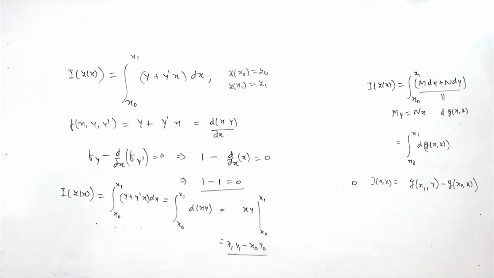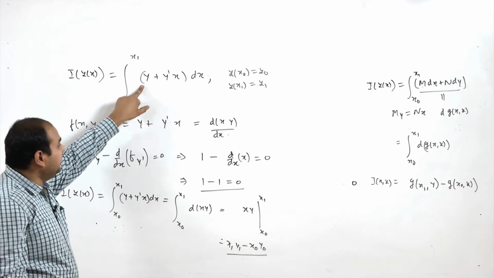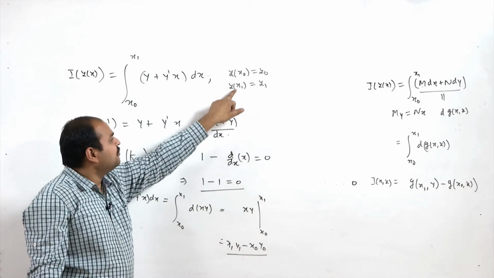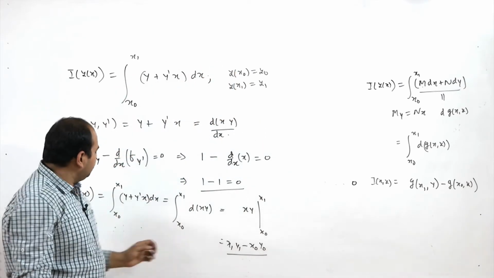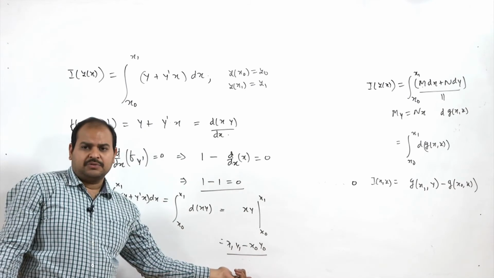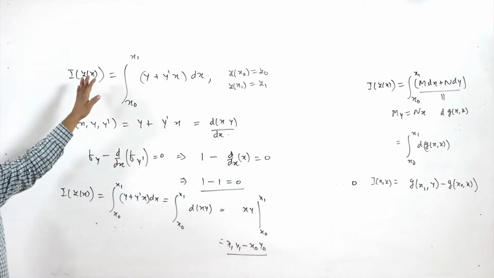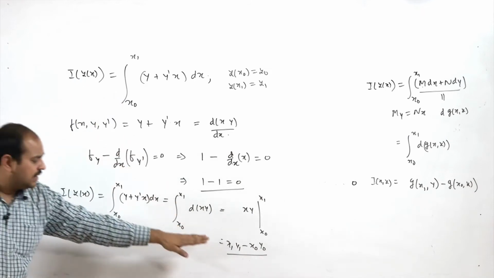Now here please remember that we can take any curve which satisfies this condition, y of x naught equal to y naught and y of x1 equal to y1, and if you take any curve, the value of the functional comes out to be this constant value, that is x1 y1 minus x naught y naught. So here the value of I of y of x is fixed and it is equal to this.